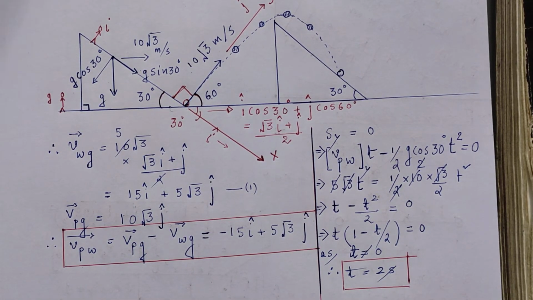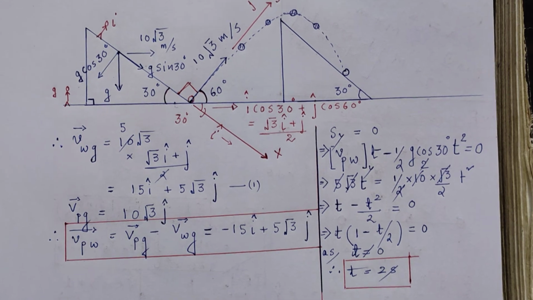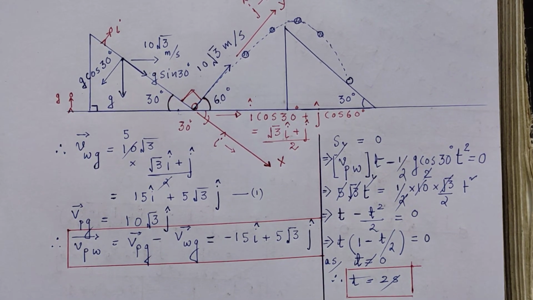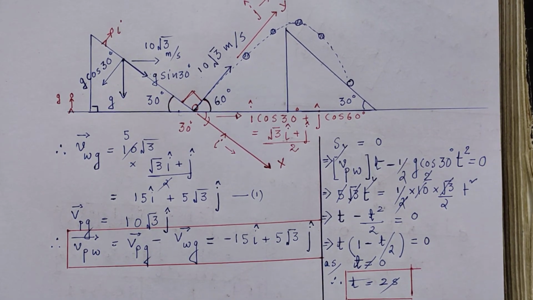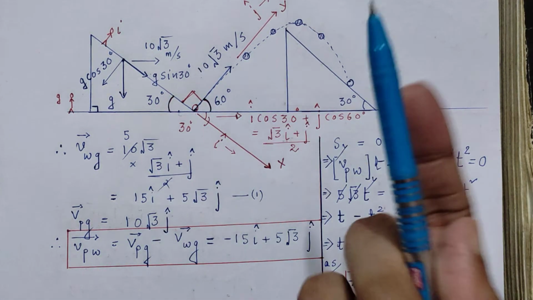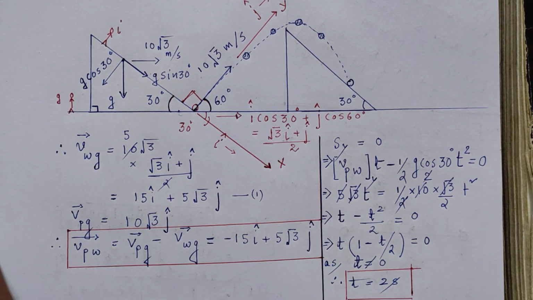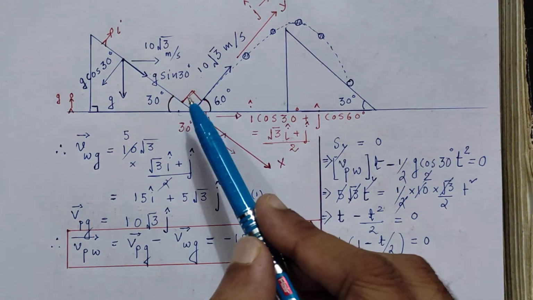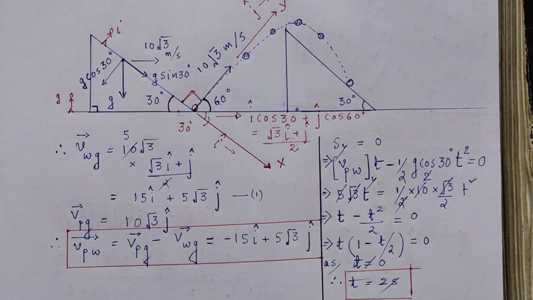So that's the most important concept that we see here: when the projectile is flying, you have to consider its motion with respect to the wedge, because the projectile is hitting the wedge surface only.